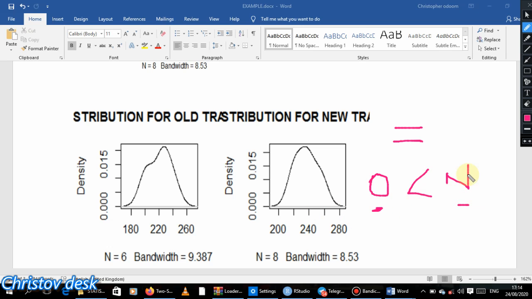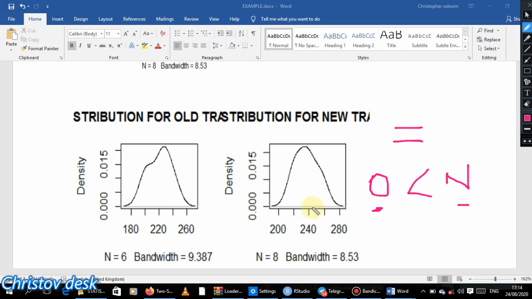For the new method to be better than the old method, on average, the new method has to have a higher average than that of the old method, isn't it? So you see that this part is depicting the direction. That's where we are saying this is a one-tailed test.